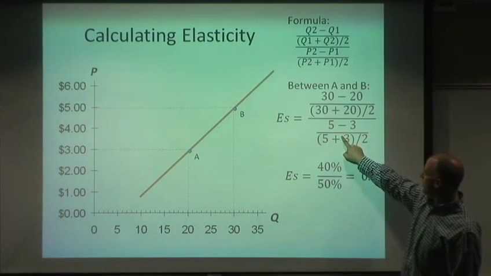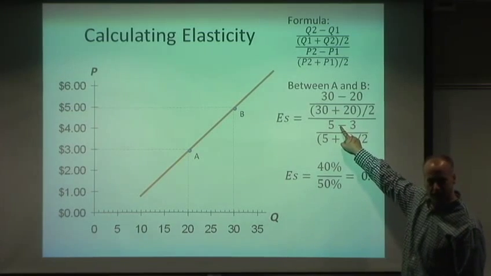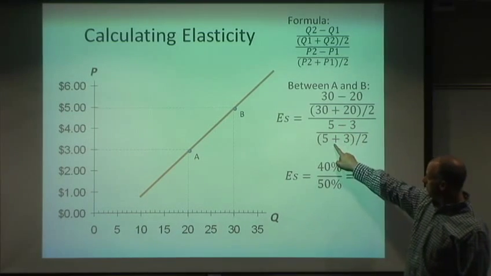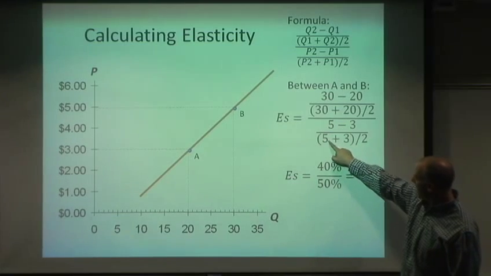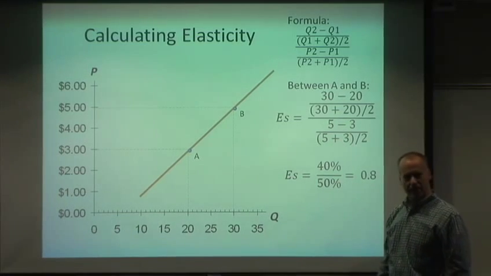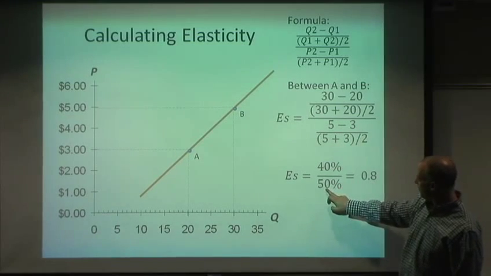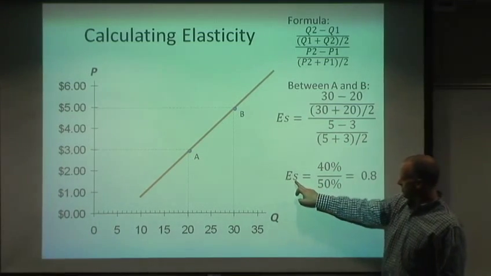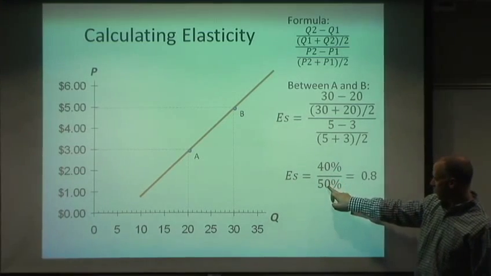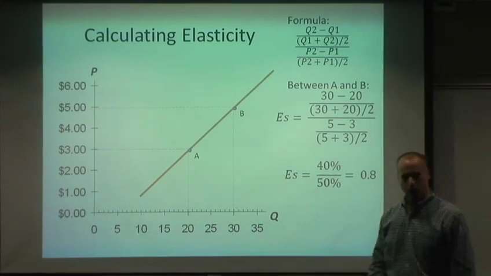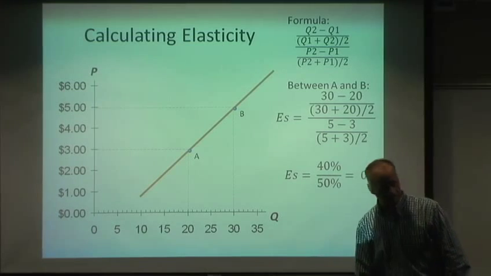We go from $3 to $5, so our increase in price is $2. $2 divided by the average of 3 and 5 gives us 2 over 4, or 50%. So our elasticity of supply, ES, is 40% divided by 50% equals 0.8.